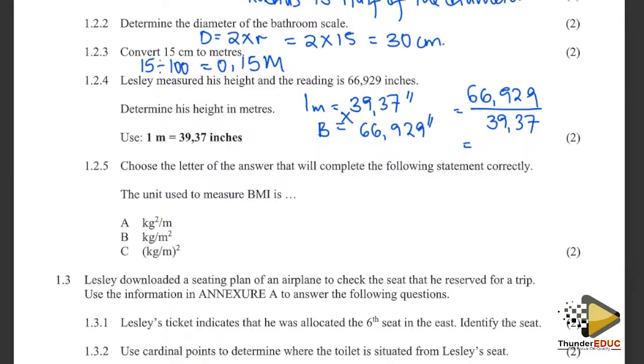Don't forget, these are meters now, from inches to meters.